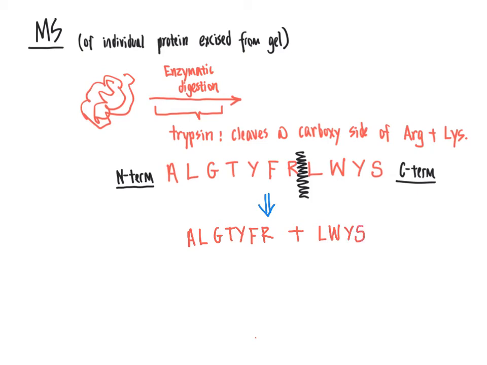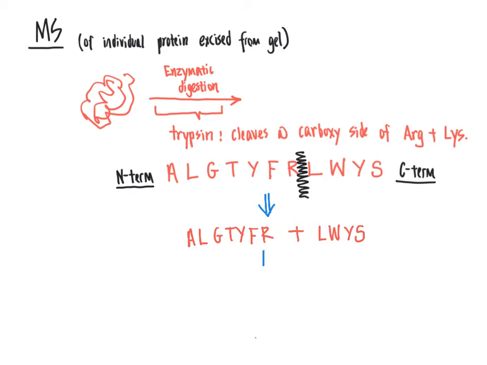And you can imagine in a typical protein, there are between 200 and over 1,000 amino acids. And so with several arginine and lysine residues, by digesting with trypsin, we break a massive protein into much more simplified fragments that are much more suitable for mass spectrometry.